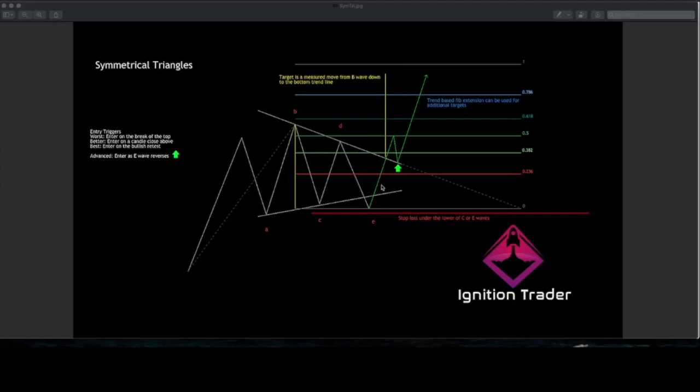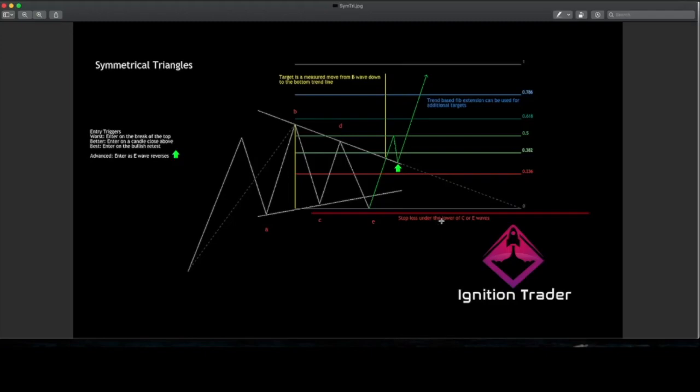That's also not uncommon. Basically the first touch on the bottom chord is A, then B, C, D, E, and then we break. The best or the safest entry is a bullish retest of the top, and then we head off hopefully in the direction that we came in.